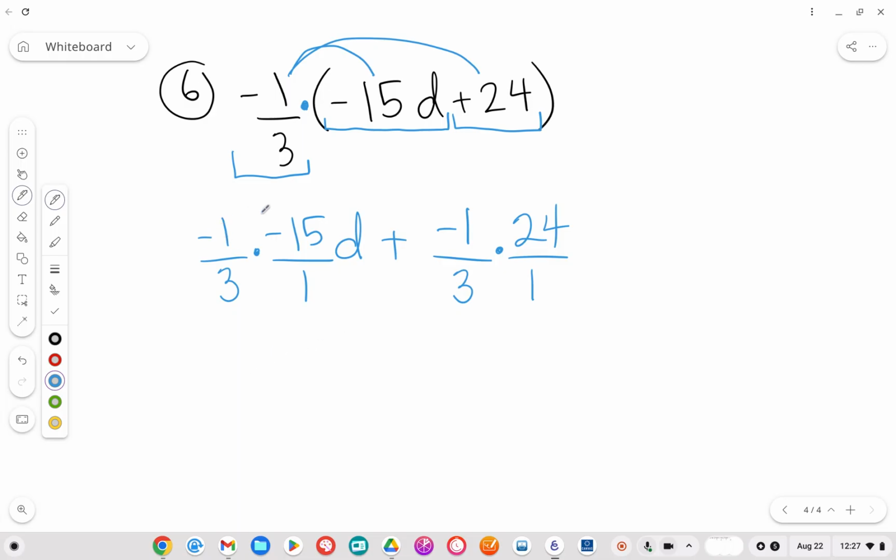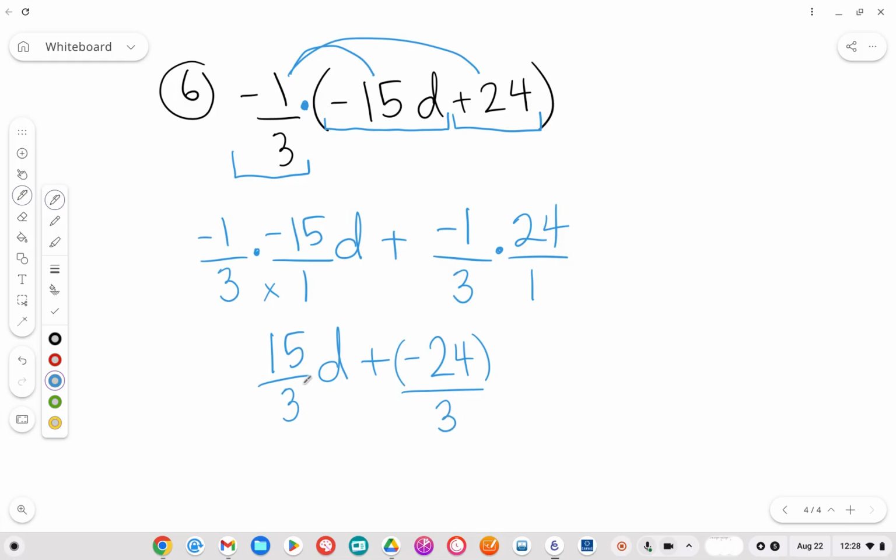So negative times a negative is a positive, so that would be 15 over 3 times 1 is 3. I'm going to keep my variable, and I'm going to say plus negative 1 times 24 is negative 24 over 3 times 1 is 3.